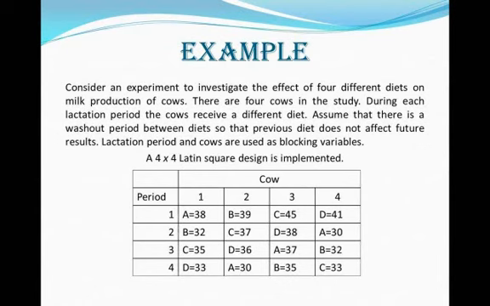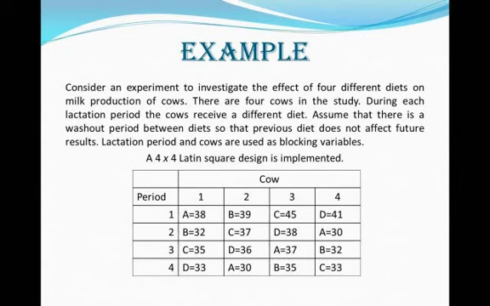There are 4 cows in the study. During each lactation period, the cows receive a different diet. There are 4 diets A, B, C and D. There are 4 cows, 1, 2, 3, 4, and 4 lactation periods, 1, 2, 3, 4. Assume that there is a washout period between diets so that the previous diet does not affect future results.